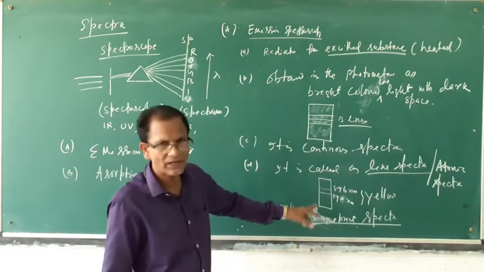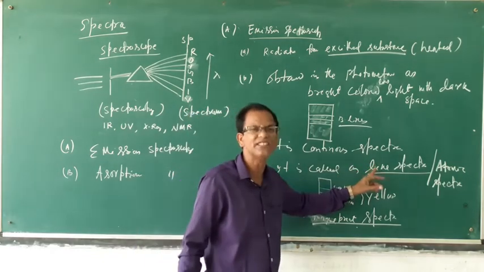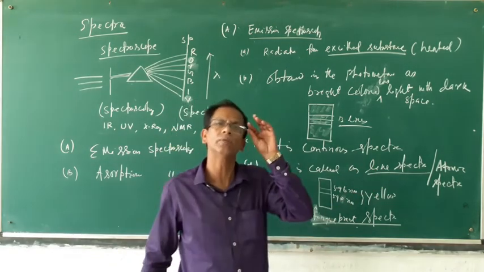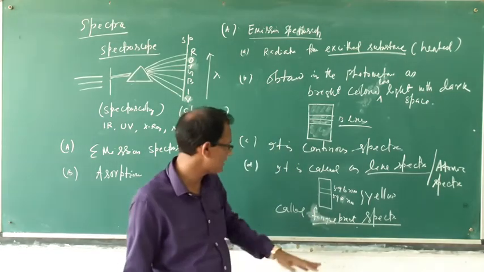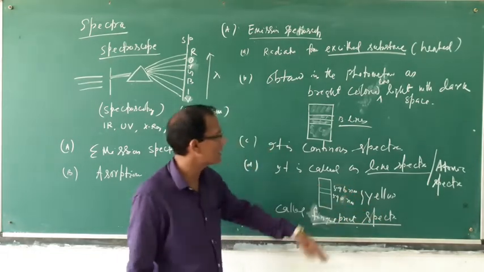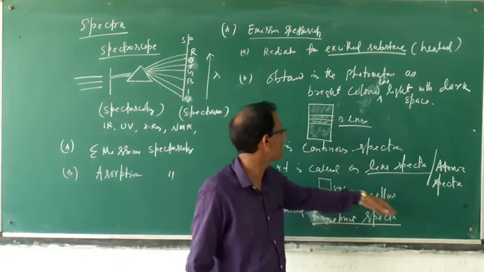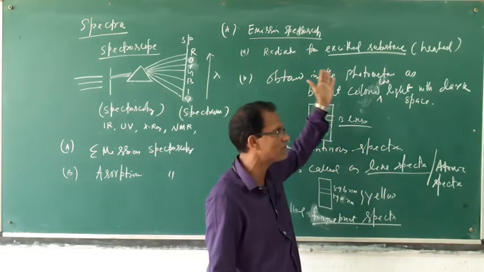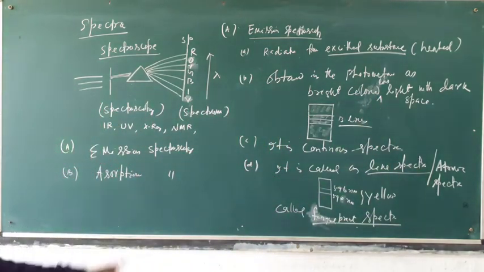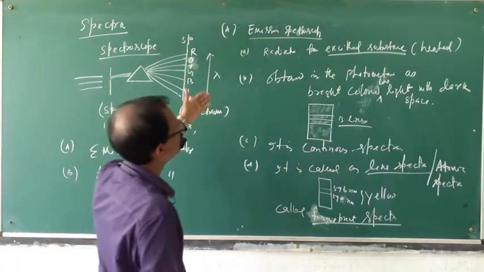Because a different element has a different line spectra. There is no similarity; they differ from one another. That's why it is called fingerprint. Fingerprint spectra, line spectra, atomic spectra, emission spectra: these are some important classifications or characteristics of emission spectra.